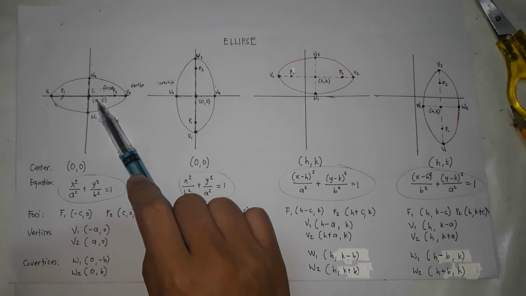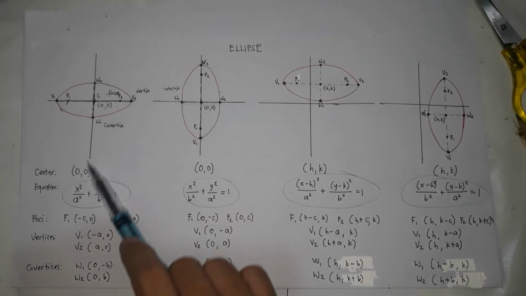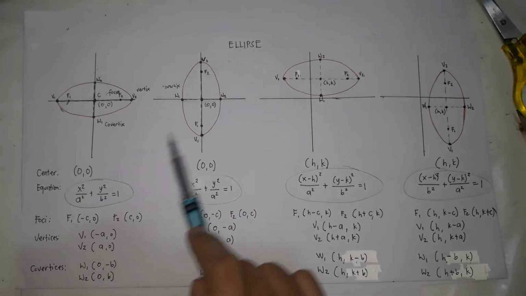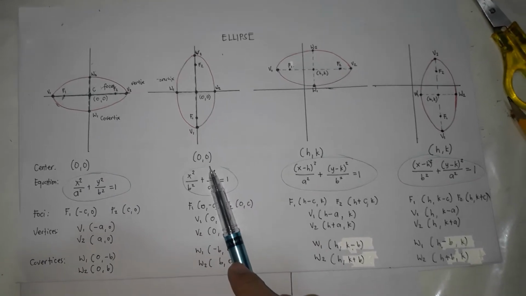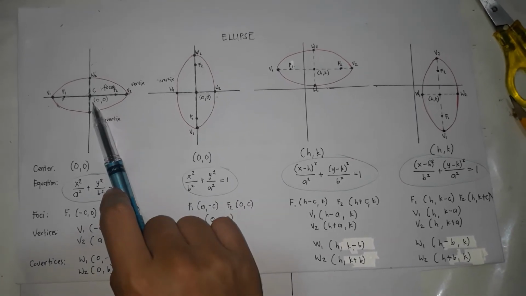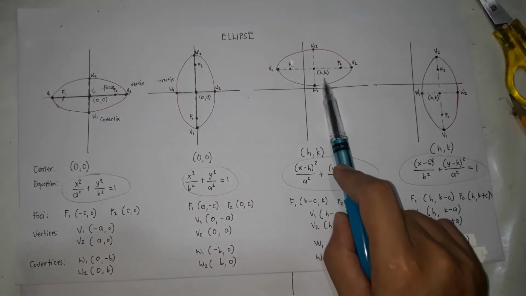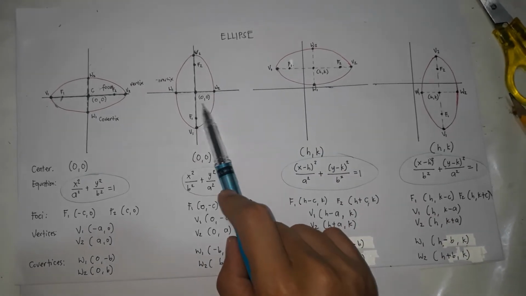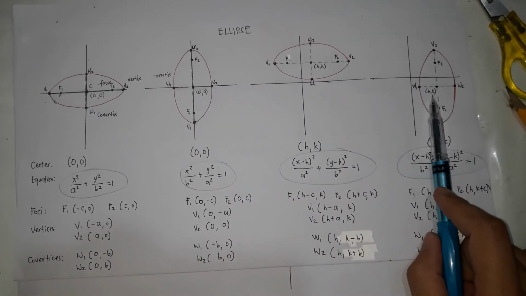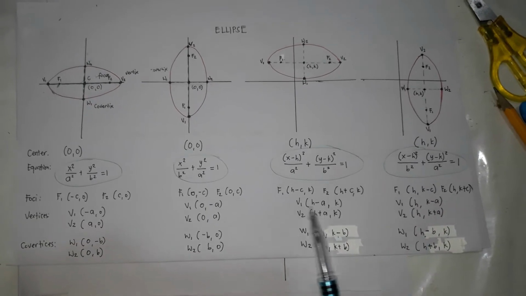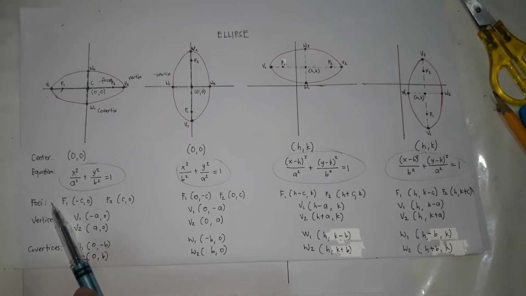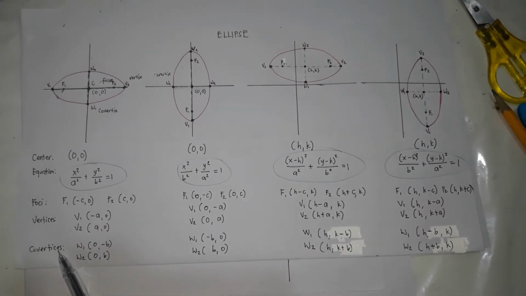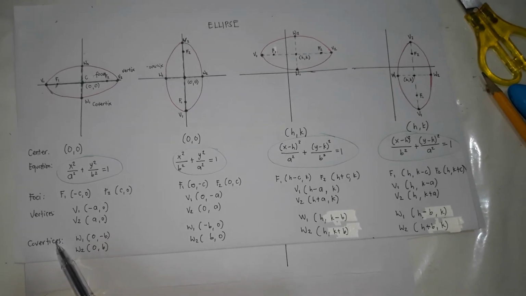This is a vertical one whose center is in the origin. This is the horizontal whose center is in the origin. Kapag hindi nasa origin ang center, ganito, it's HK. These are how we're going to identify the foci, the vertices, and the co-vertices.